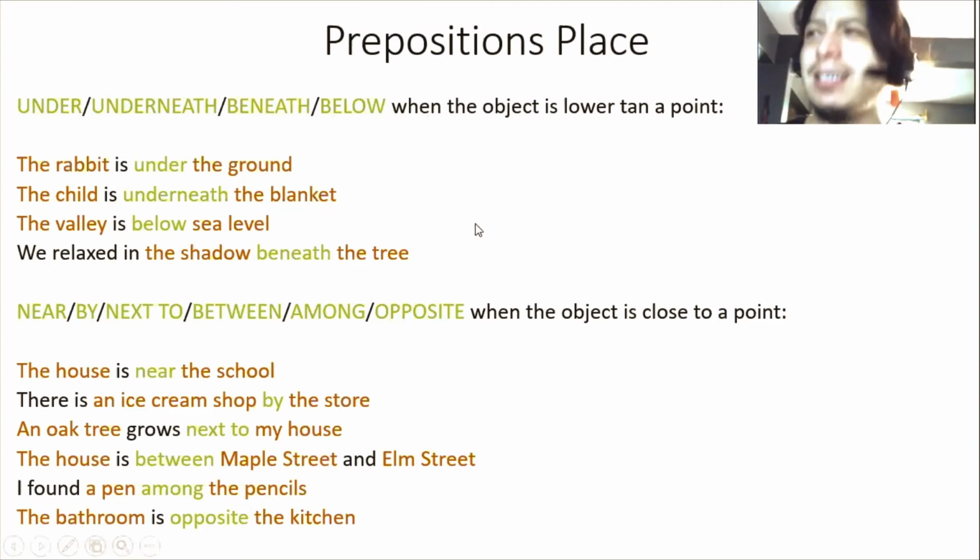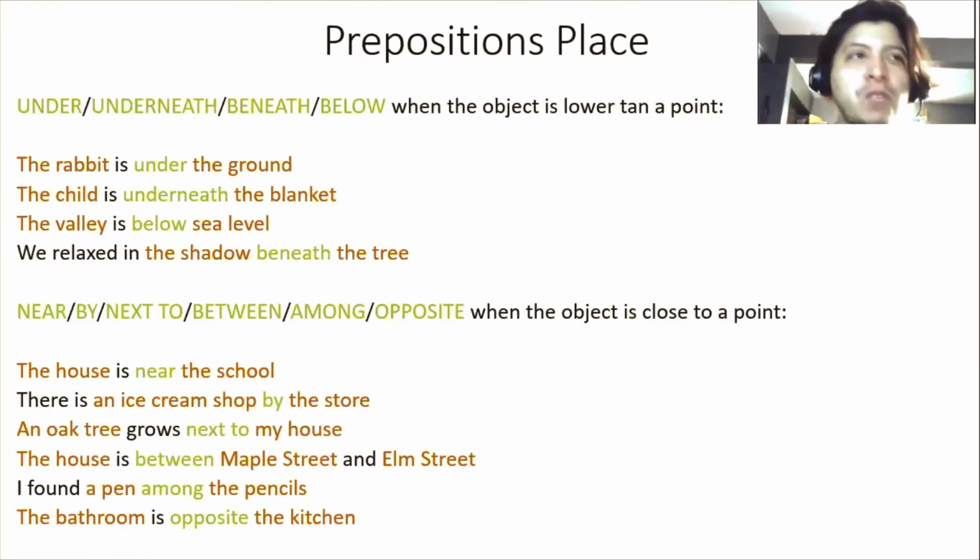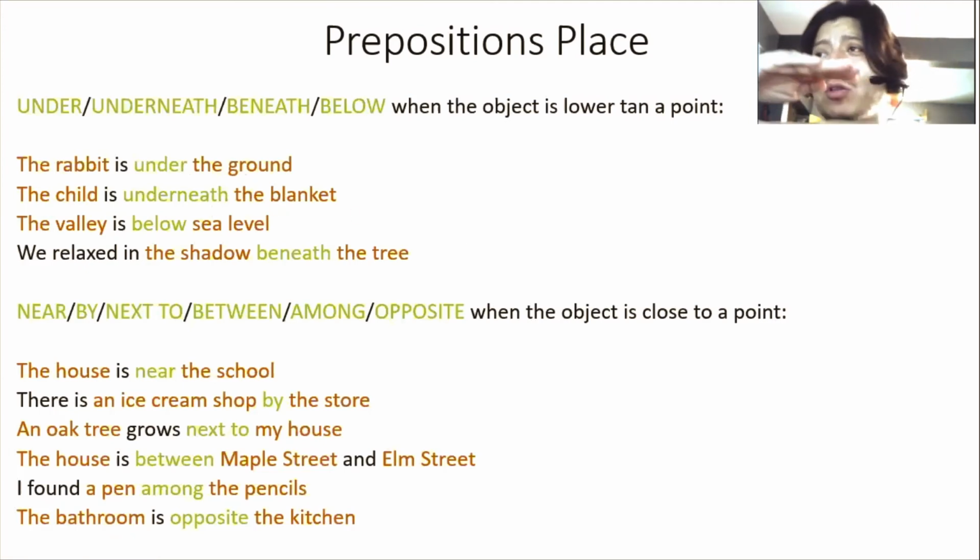The blanket is the thing that you cover yourself with when you sleep. If you're very cold, you need a blanket. It's a big piece of fabric that you use to cover yourself to sleep. So the blanket, una manta, the child is underneath the blanket. So you have the blanket, and the child is at a lower point, underneath or under the blanket.